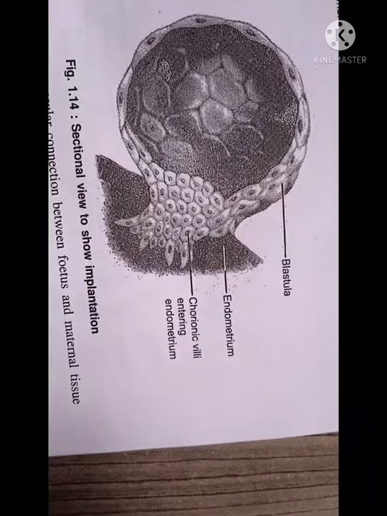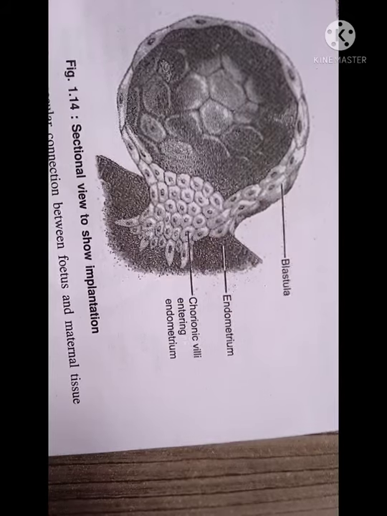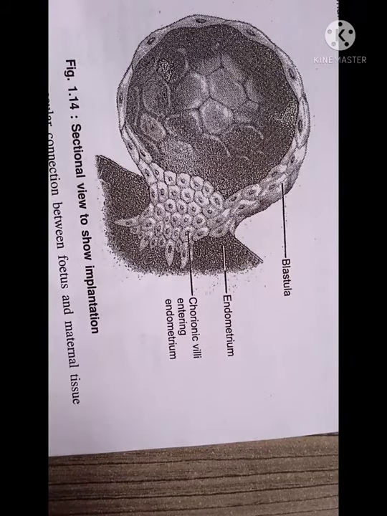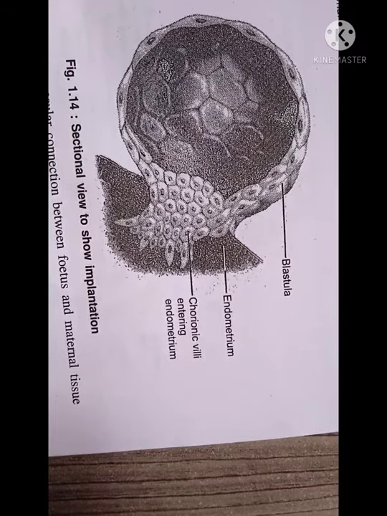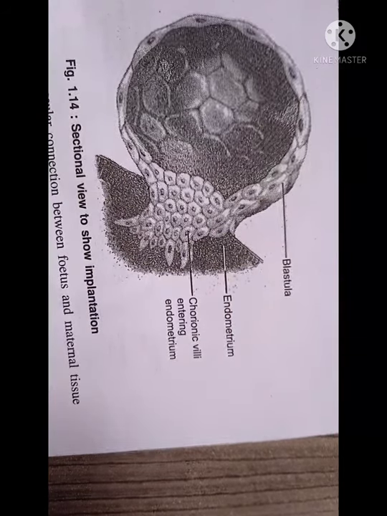After parturition, or after delivery, the lactation starts. Next, the pigmentation of the areola or nipple occurs due to ACTH or MSH. The nipples become darker in color due to the hormones ACTH and MSH.